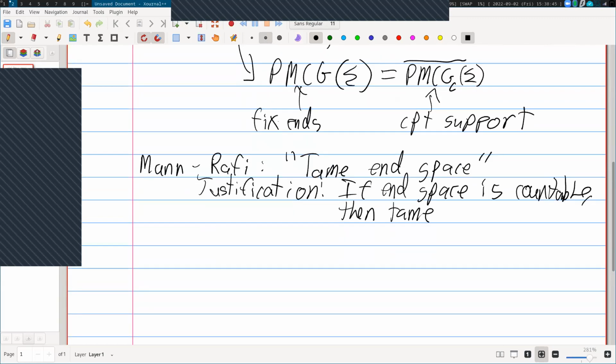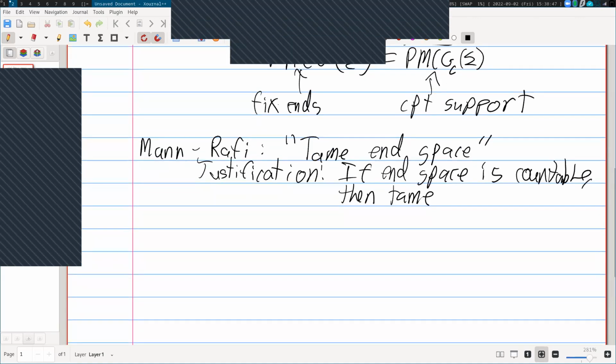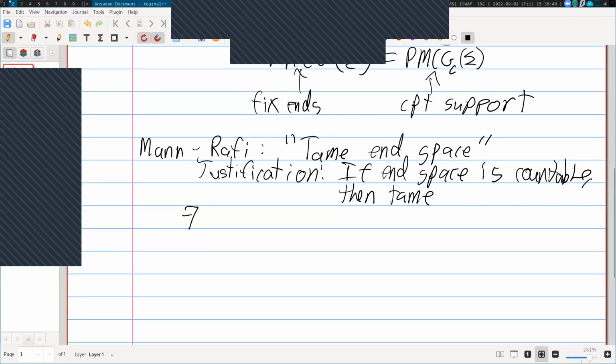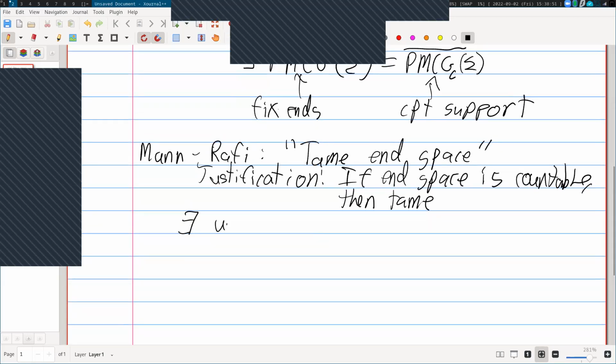Right, and it's worth noticing that there are uncountably many distinct infinite type surfaces.